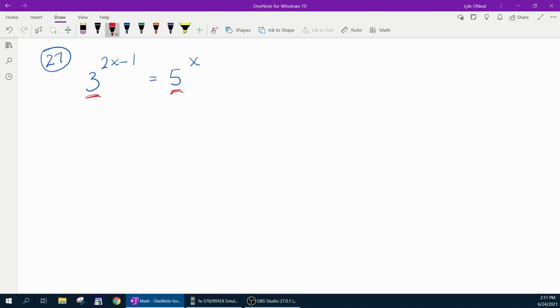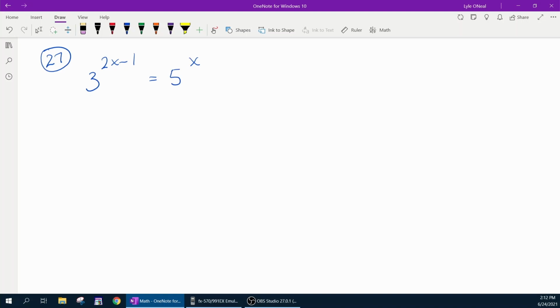So the method of common bases is probably not going to be an option for us this time, because I can't express 5 as a power of 3 nicely, and I can't express 3 as a power of 5 nicely. I also cannot convert from exponential to logarithmic form, since both sides do have an exponential piece.